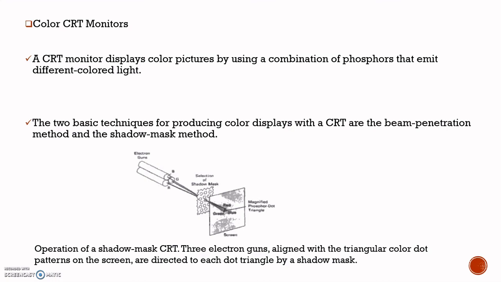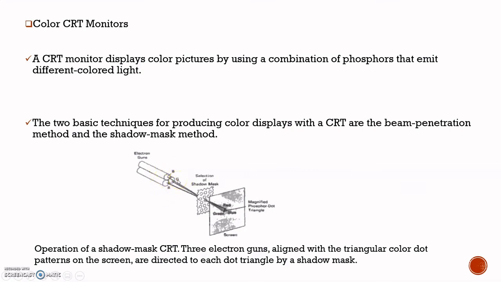A shadow mask CRT has 3 phosphor color dots at each pixel position. One phosphor dot emits red light, another emits green light, and the third emits blue light.